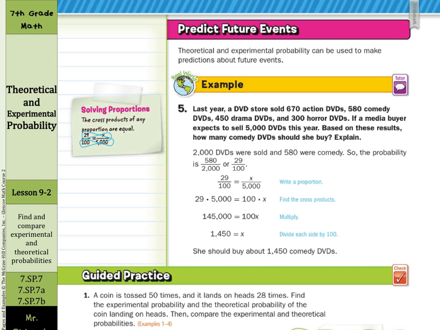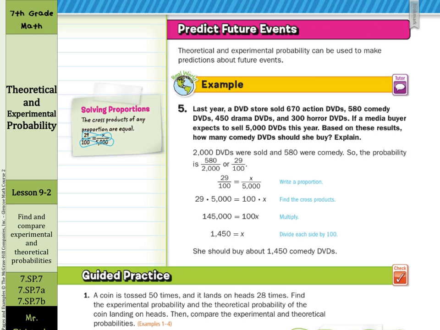Well, if we look, last year 2,000 DVDs were sold. We added the 670, the 580, 450, and the 300 to get the 2,000. So 580 of those were comedy, so 580 over 2,000, which simplifies to 29 over 100.